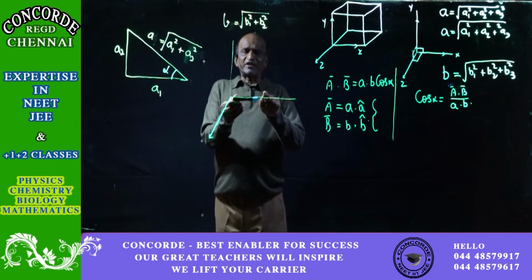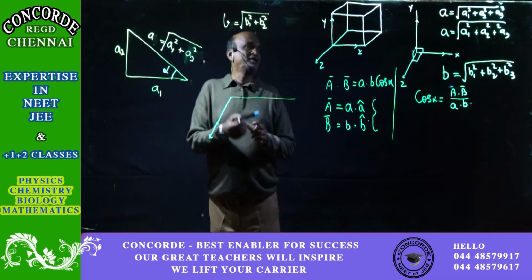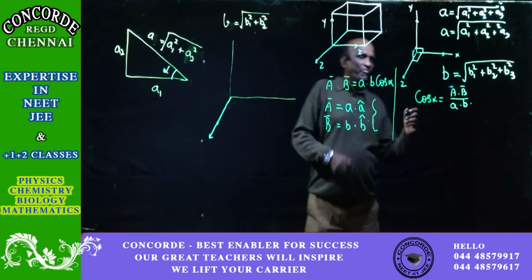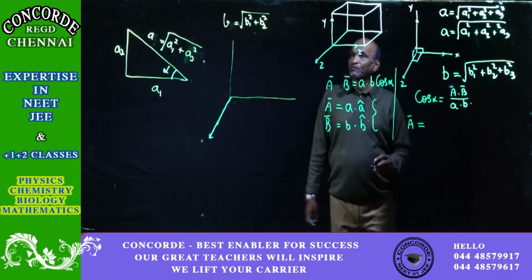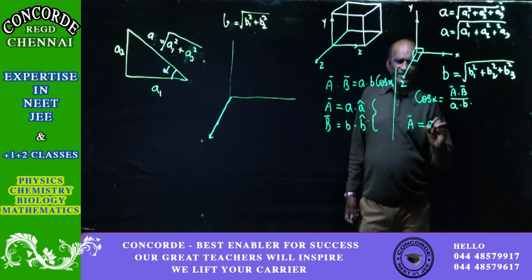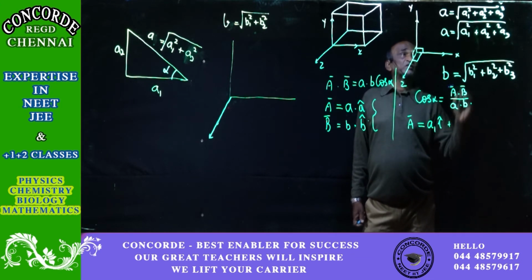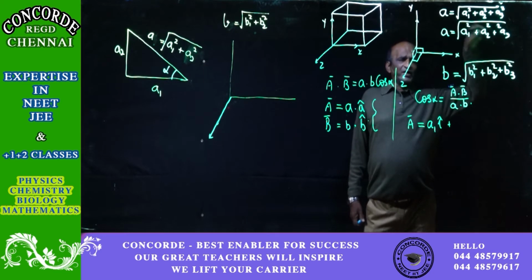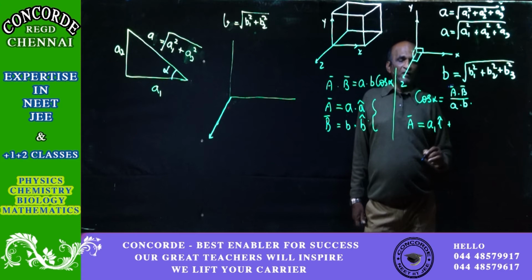In the x direction, the unit vector, that is the directional vector, is I cap. So, A bar therefore will be equal to, in the x direction, already we have seen magnitude is A1 and the direction is I cap. So this is only the result for the magnitudes, this is the result for the vector itself as a whole.